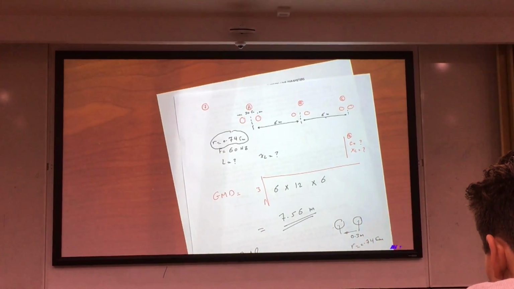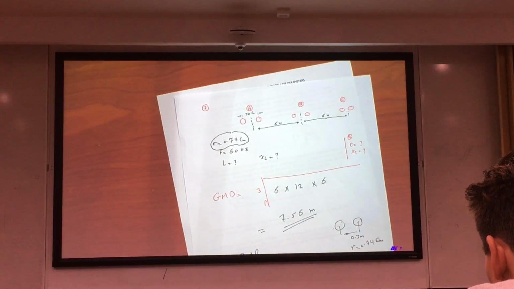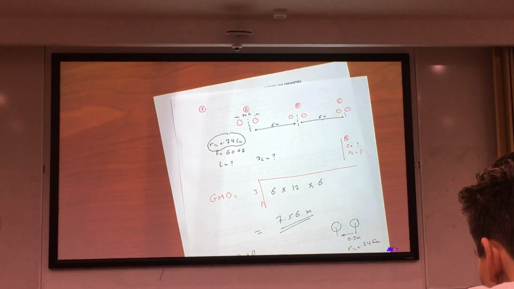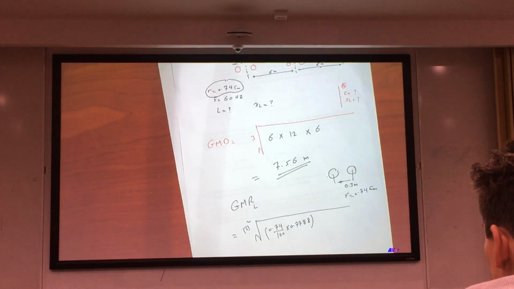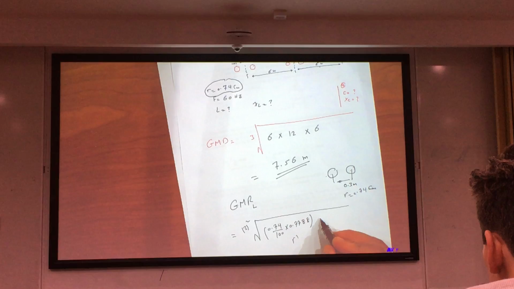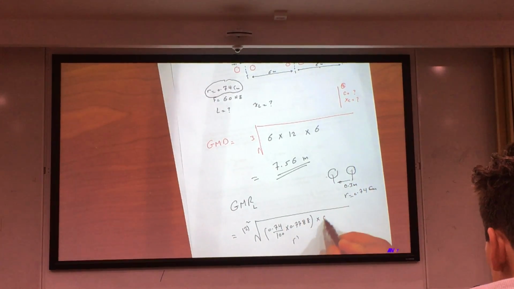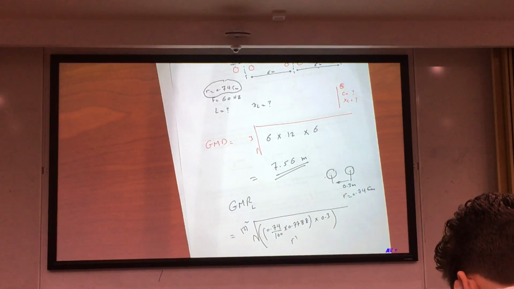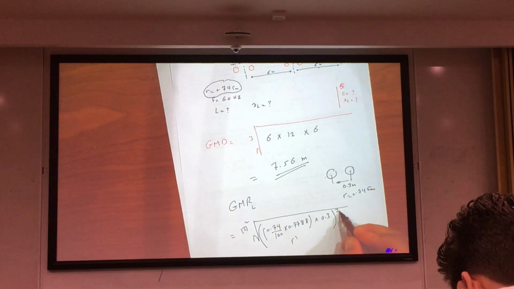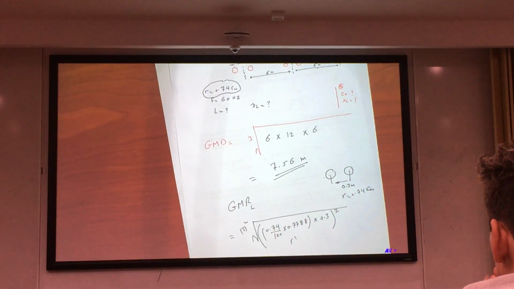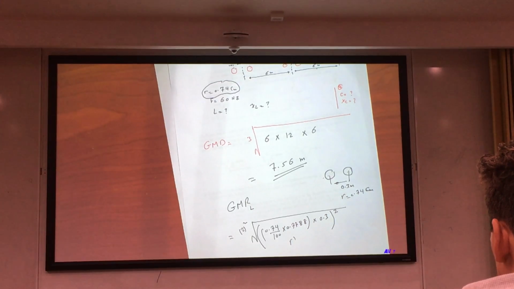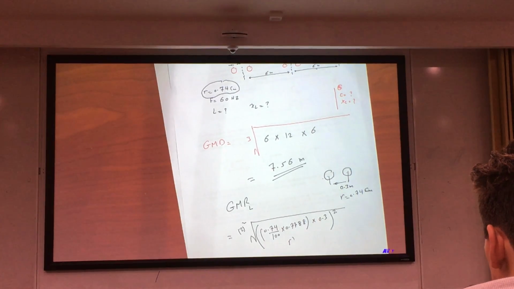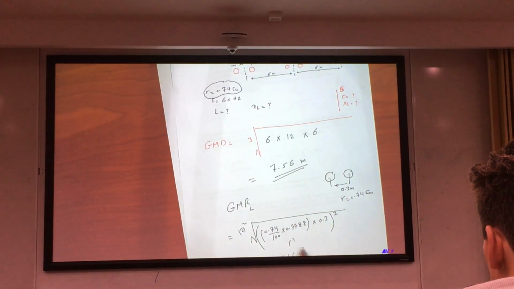Don't forget to convert it to meter. Multiplied by 0.7788, that's r dash, multiplied by the distance, and the distance is 0.3. That's for the first conductor. Then you have to repeat it for the second conductor, or just write square here. So this will give you a geometrical mean radius of 0.0416 meter.